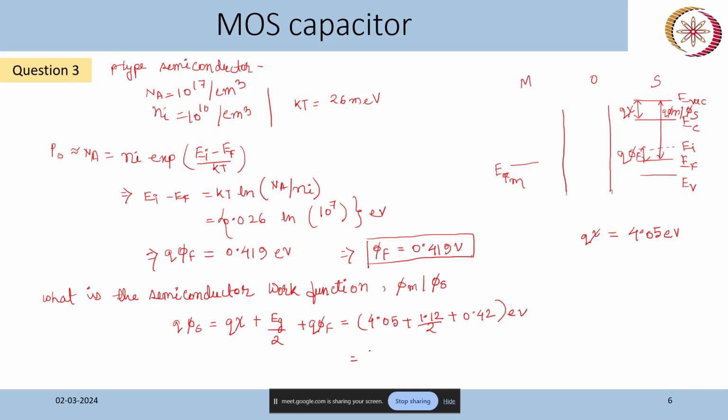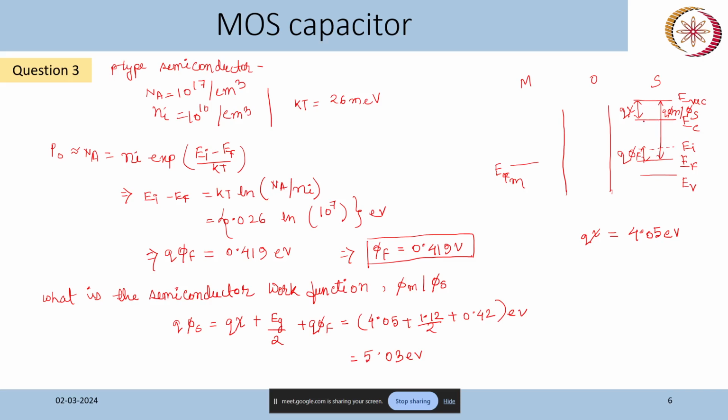So the answer is 5.03 electron volt for this case. What is doping concentration? The work function will vary based on the doping concentration because the Fermi level will shift.